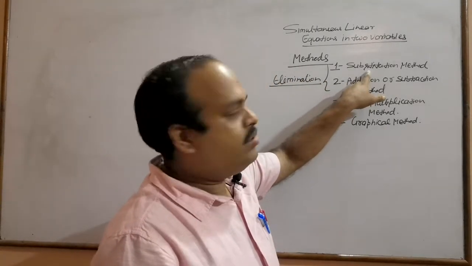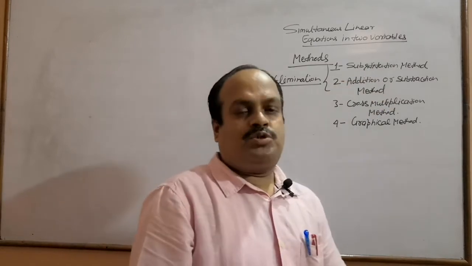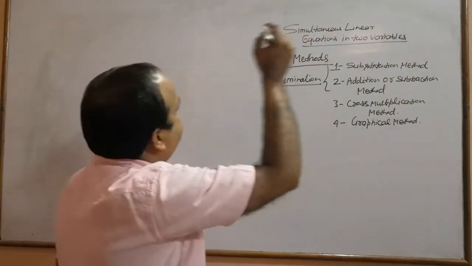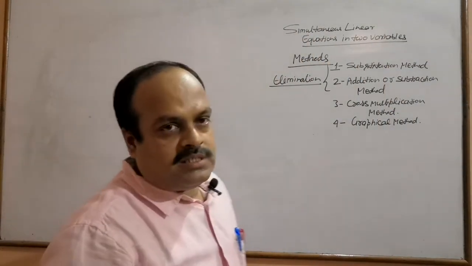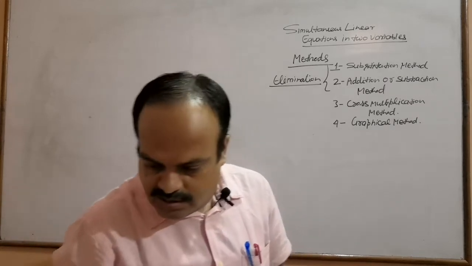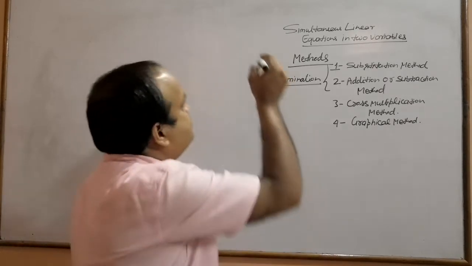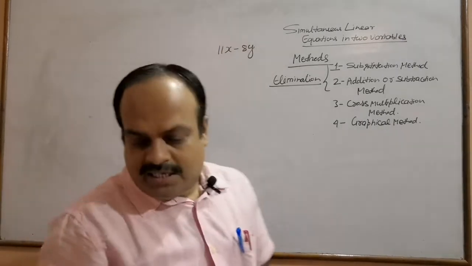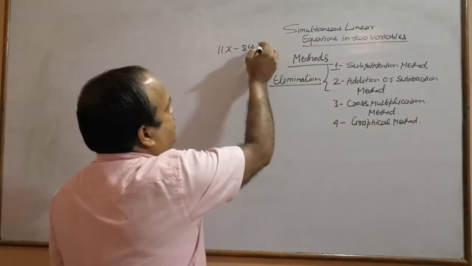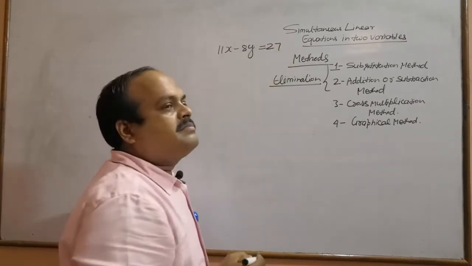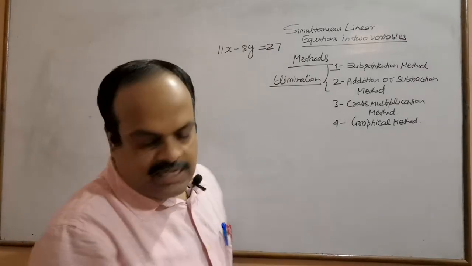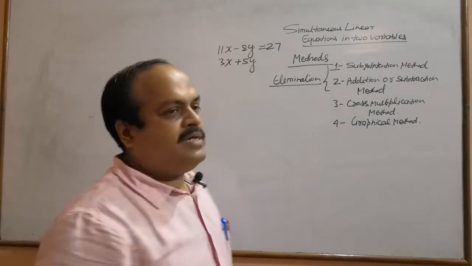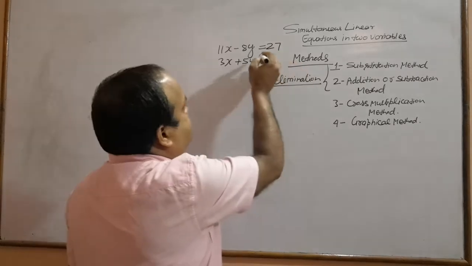I am going to use the substitution method. Example: I write two equations in two unknowns or variables. 11x minus 8y equals 27 and 3x plus 5y equals minus 7.